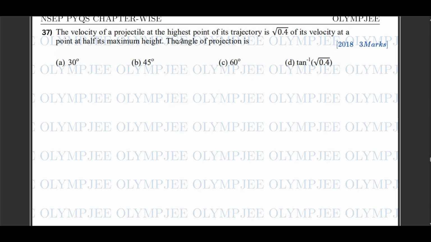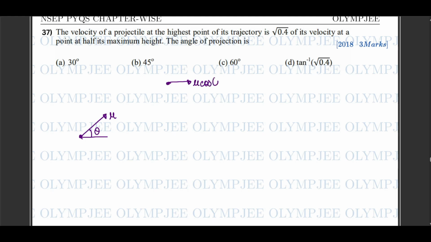So question 37 says that the velocity of a projectile at highest point of its trajectory is 0.4 times of its velocity at point at half its maximum height. The angle of projection is. So assume that we are projecting the particle with u velocity at angle theta, then the velocity at maximum height will be u cos theta.